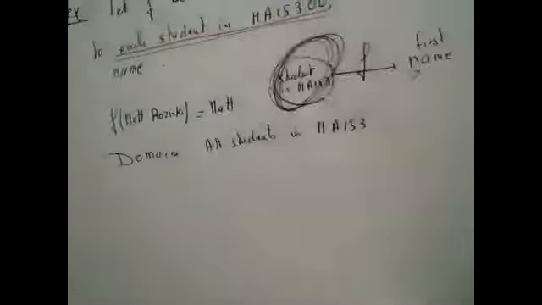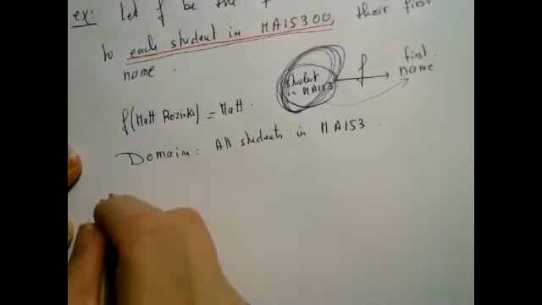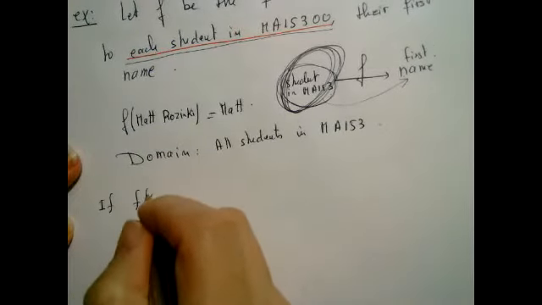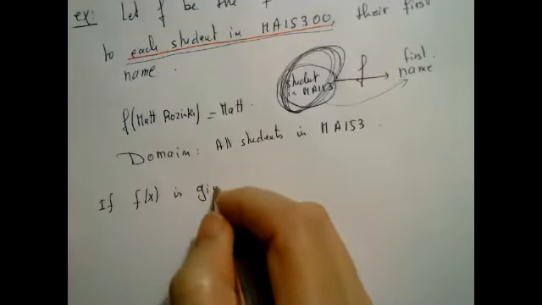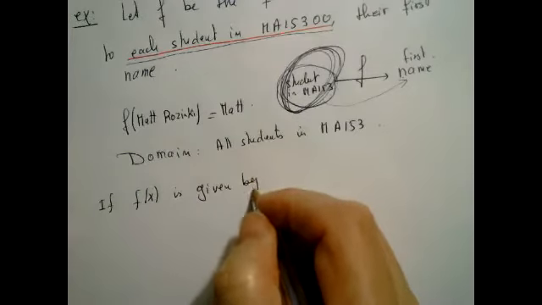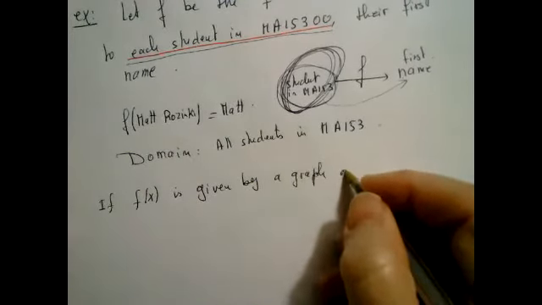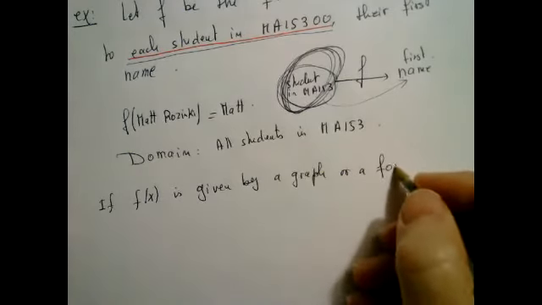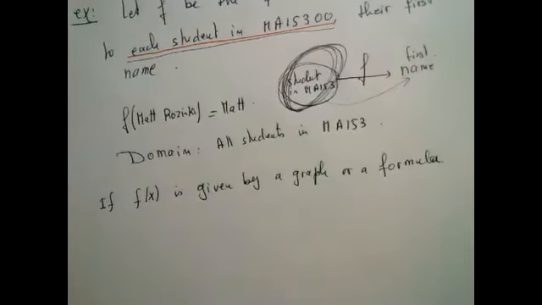Now, a lot of functions are given by a graph or a formula. If f is given by a graph or a formula, and the domain is not specified like here, what will be the domain?